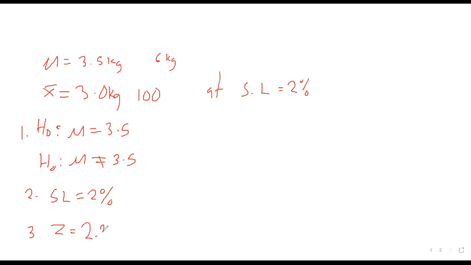So this gives you an idea of how the tails will look like. On the left side, we're going to have negative 2.33. On the right side, we're going to have positive 2.33.